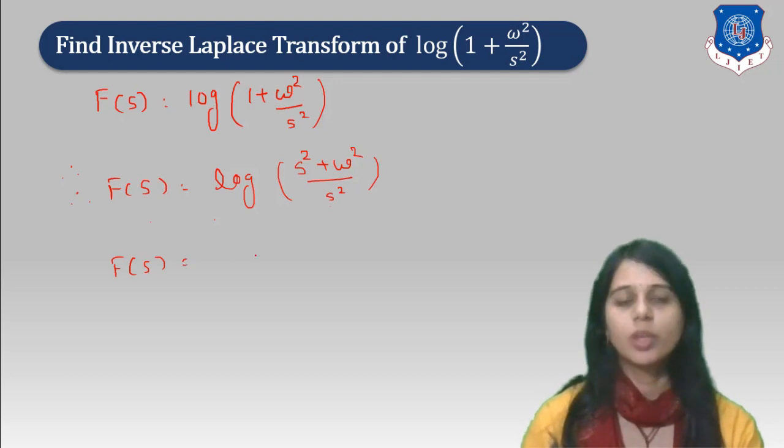F of s equals log of (s square plus omega square) upon s square. We apply the property of log: F of s equals log of (s square plus omega square) minus log of s square.